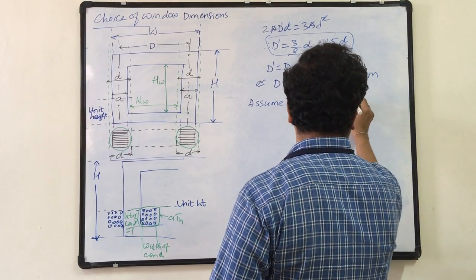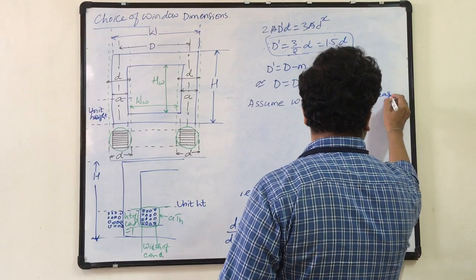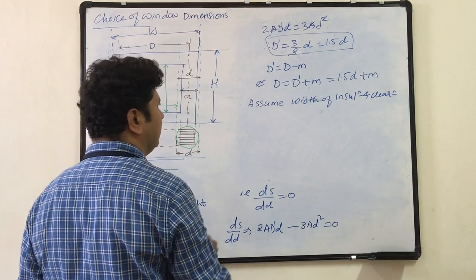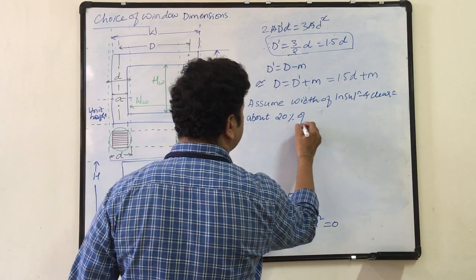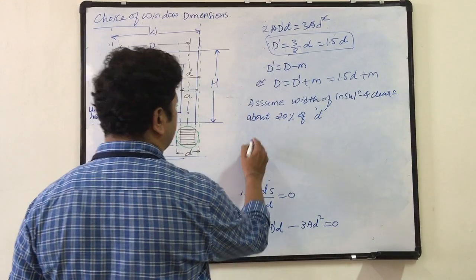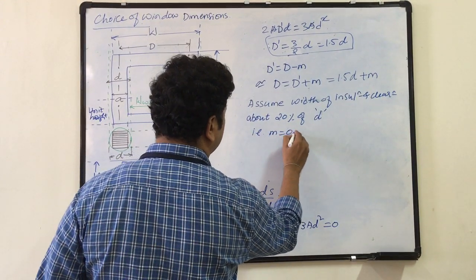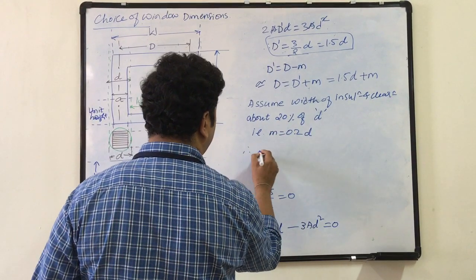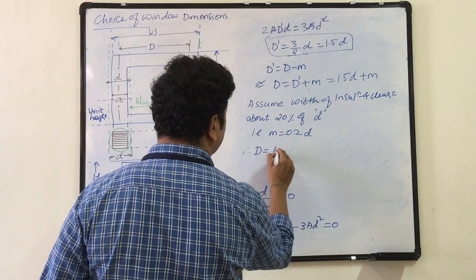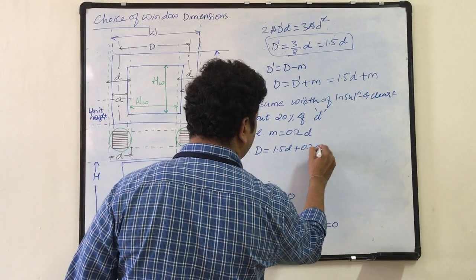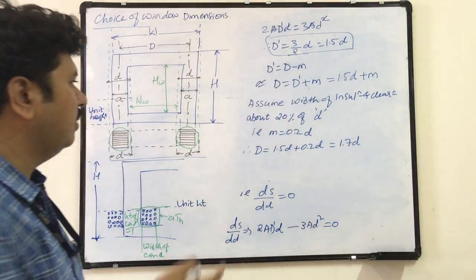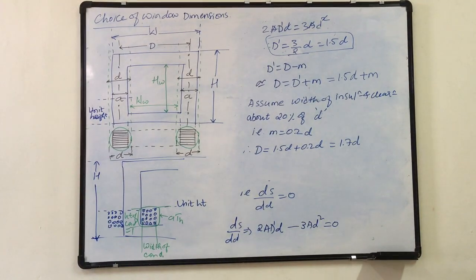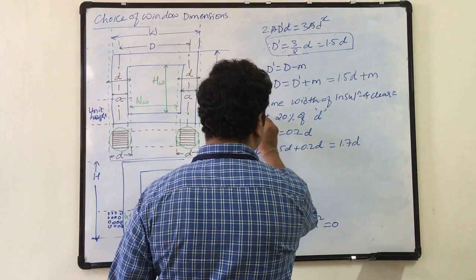Assume width of insulation and clearance about 20% of D, that is m is equal to 0.2 into D. Therefore, capital D is equal to 1.5 into D plus 0.2 into D. It will be 1.7 into D. If I take 30%, it will be 1.8 into D. If I take 40%, it will be 1.9 into D. So whatever I assume, this assumption is important.